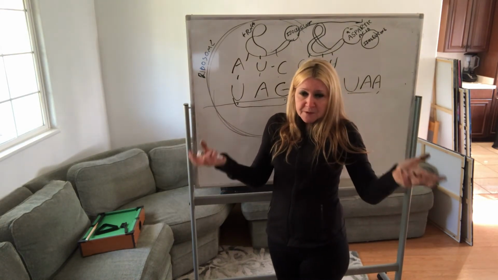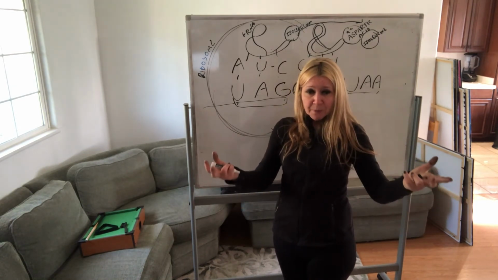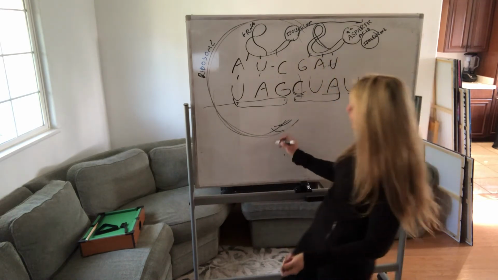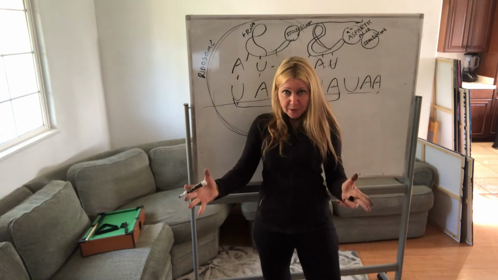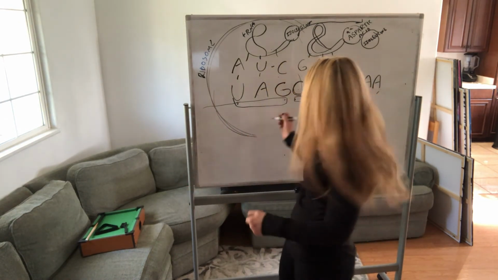And this synthesis, or making, of proteins is the process of translation. So translation, remember, is translating from the genetic code to the protein code. It's really protein synthesis. Okay, so translation.